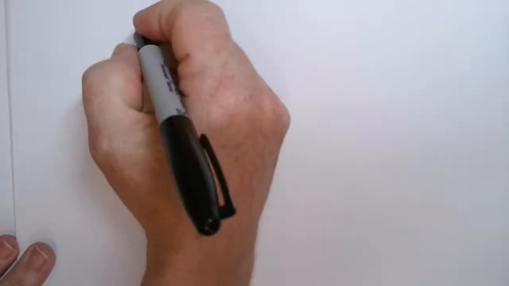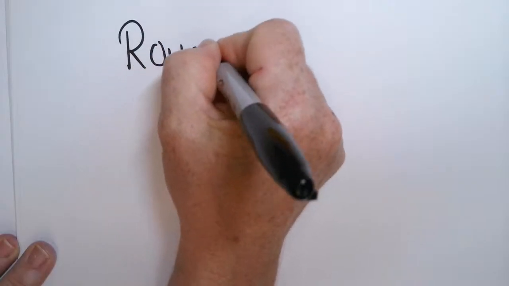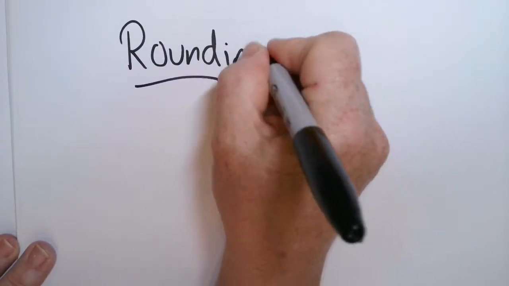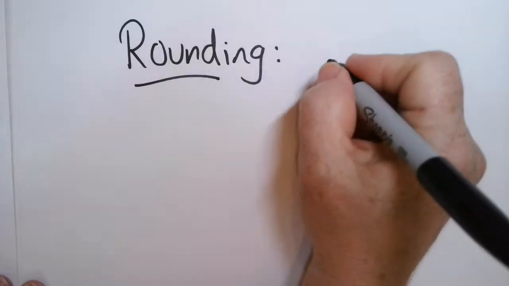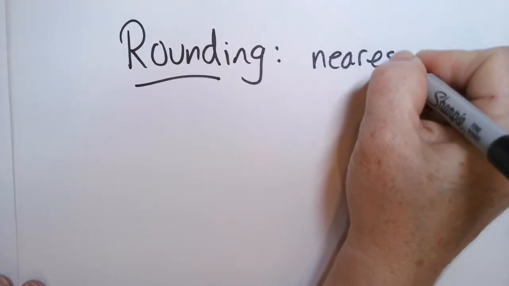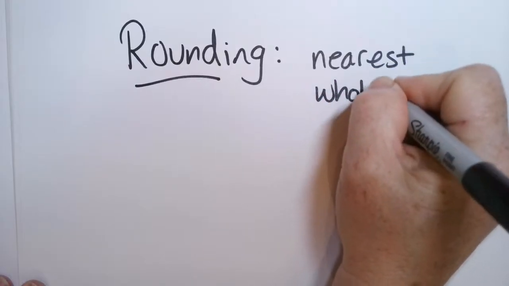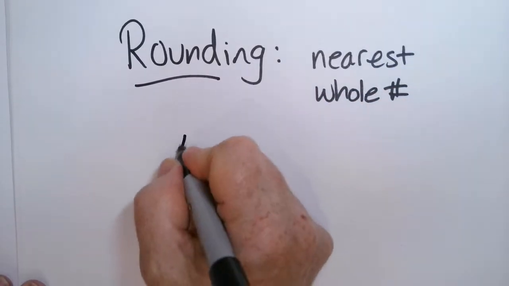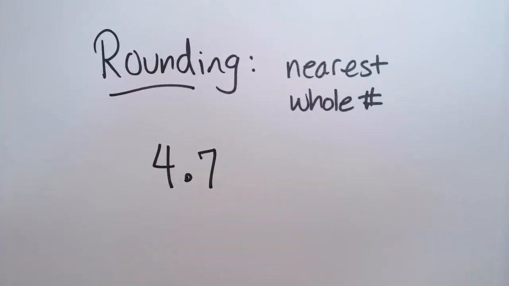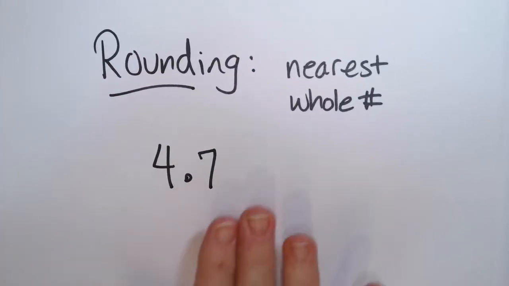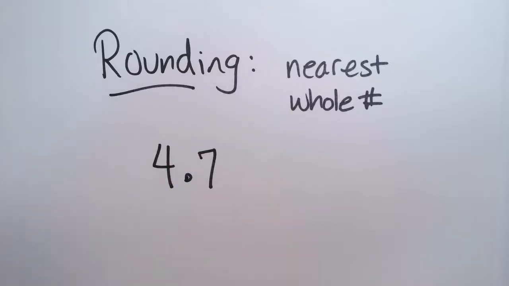So let's talk about rounding. I want to round to the nearest whole number. If I give you a number like 4.7, how would we do that? Here, I'll use an index card.